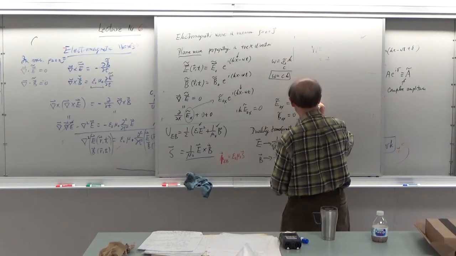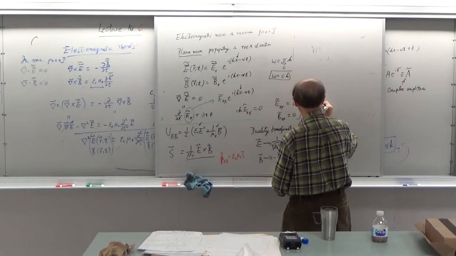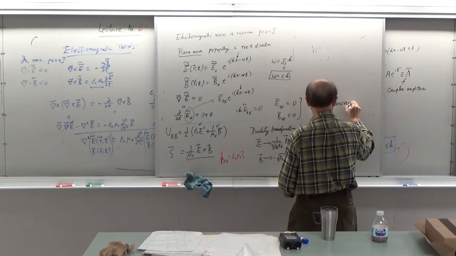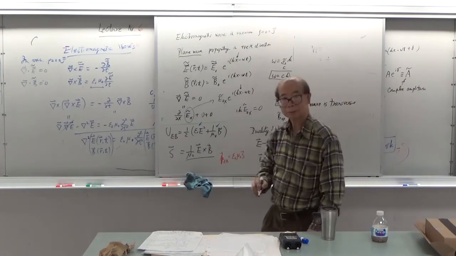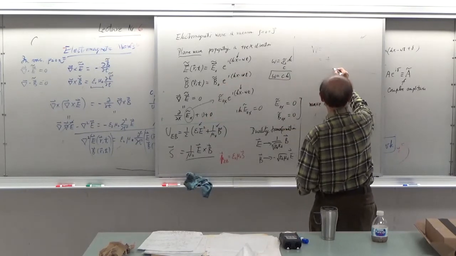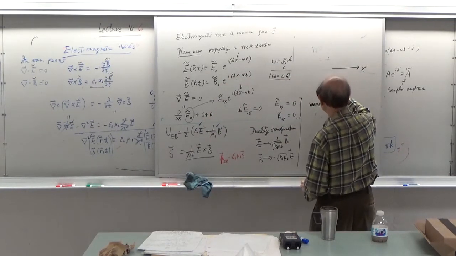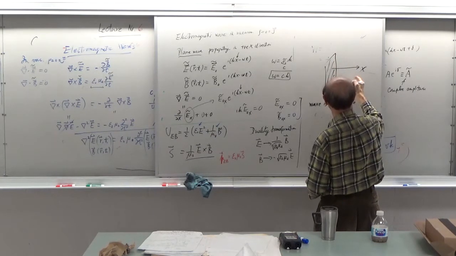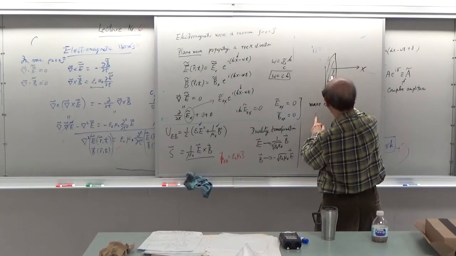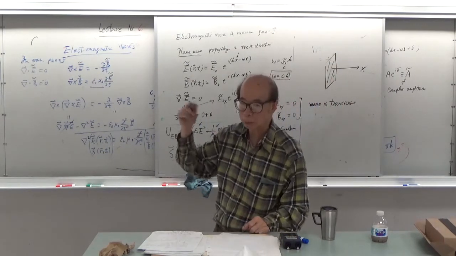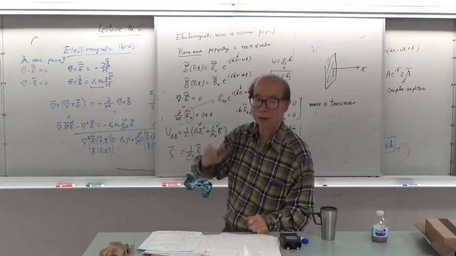That means that the wave is transverse. So if the wave propagates along x, then the wave has to be transverse to this. So there will be only y and z components to the waves, to the electric waves, and especially to the magnetic waves.